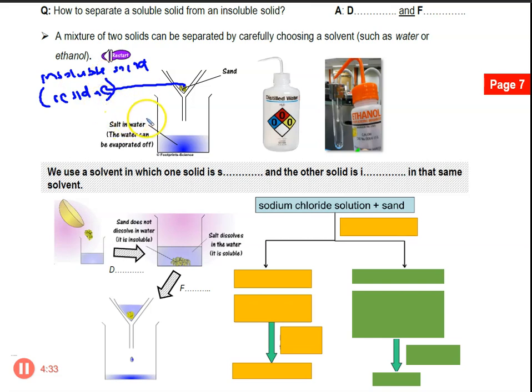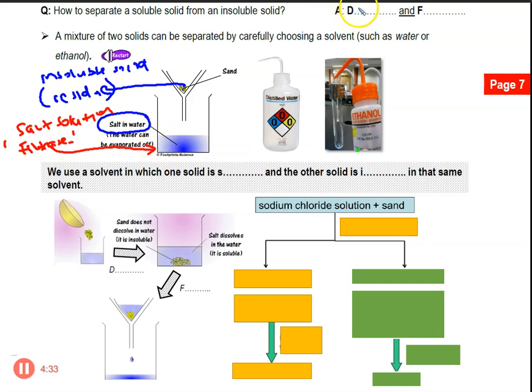Now your salt in the water has already been successfully dissolved. So this salt solution, you may want to write this down. Follow Miss Lee. This salt solution is known as your filtrate. And this can be collected in the beaker. Alright, so what do you think is the method here?